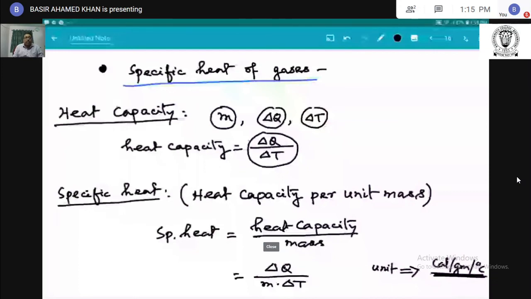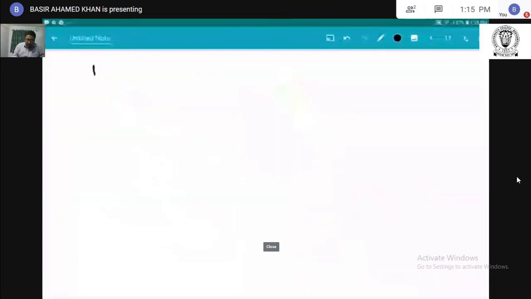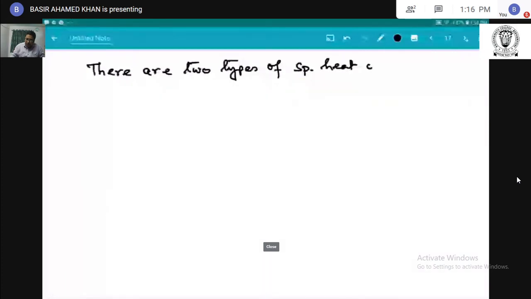Now for a gaseous system there are two types of specific heat: one is for constant pressure and one is for constant volume.